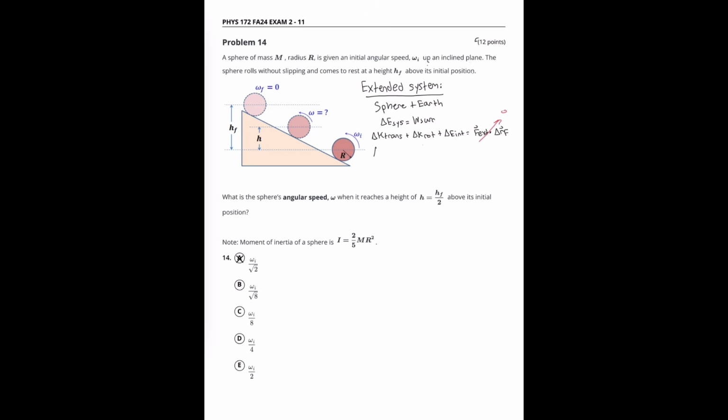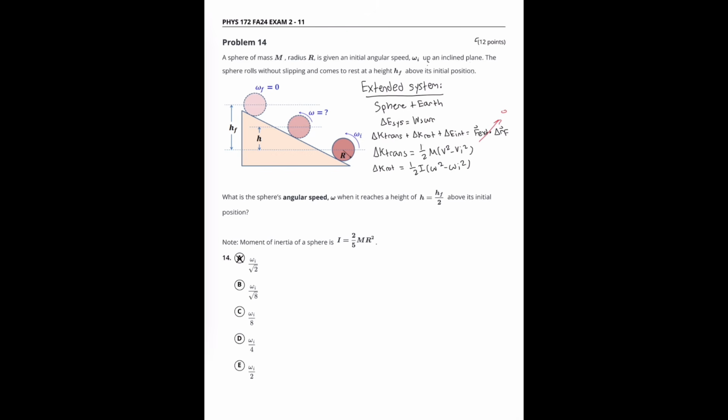We know that the change in translational kinetic energy is equal to 1/2 m times v squared minus v initial squared. And the change in rotational kinetic energy is equal to 1/2 times the inertia times omega squared minus omega initial squared.